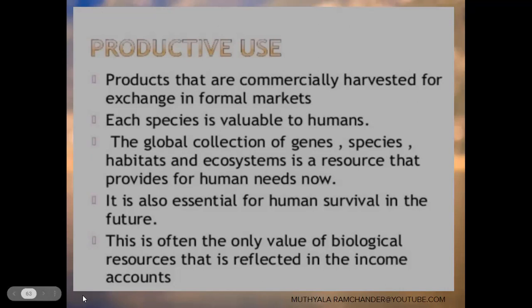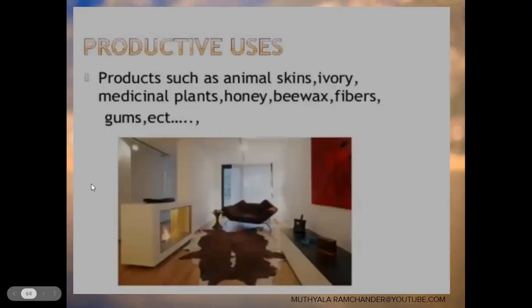So these are the productive uses, such as animal skins, ivory, teeth of elephant, different types of medicinal plants, honey, beeswax, fibers, gums, and other materials from the biodiversity, etc.